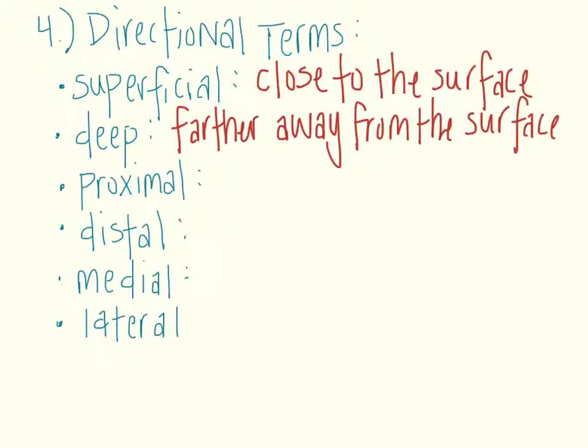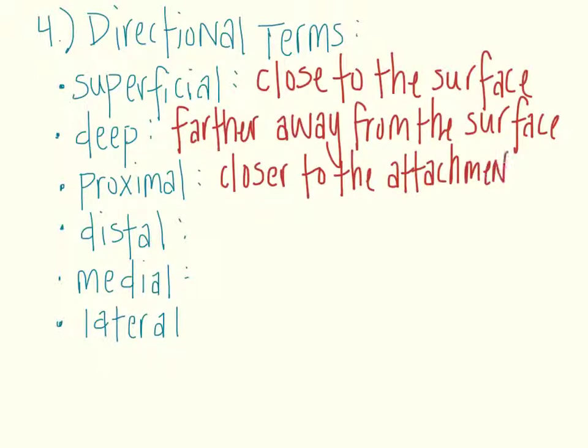Proximal and distal go together. So anything that is proximal is closer to the attachment point. Remember, you have 4 basic attachment points. You have 2 at your shoulders, so where your shoulders connect to your main body, and then where your leg bones connect to your hip. Those are your 4 attachment points.